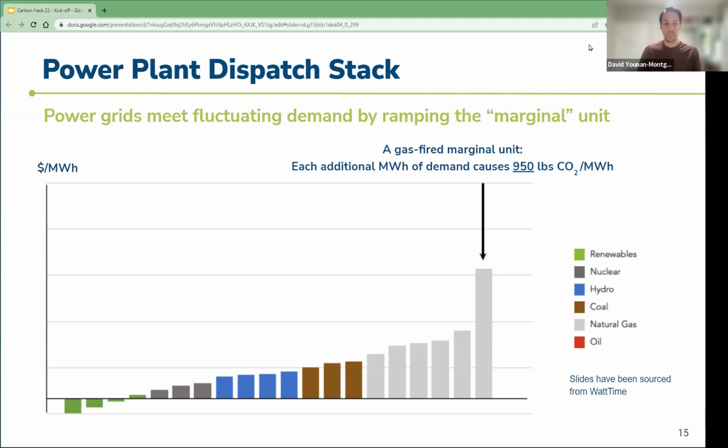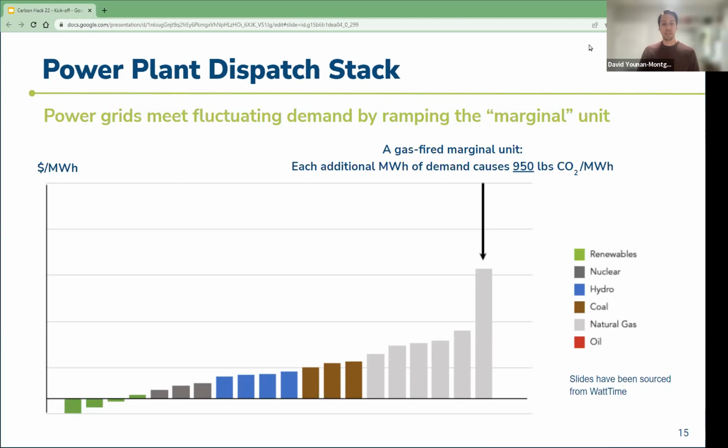Each of these bars represents a generating resource in a specific grid. Generally, cheaper generators are dispatched first, and those are usually also the cleanest. And so the emissions that I cause when I plug in are tied to the marginal unit at the far end of that stack.